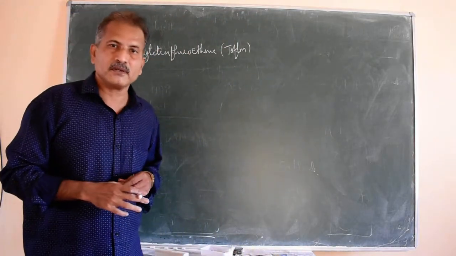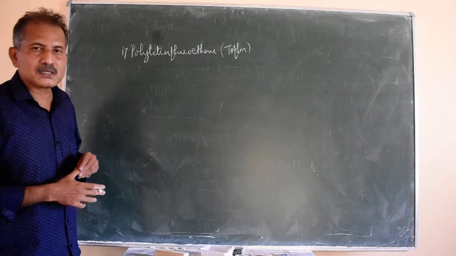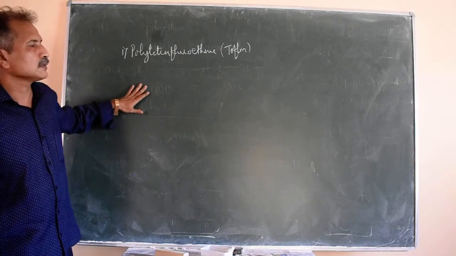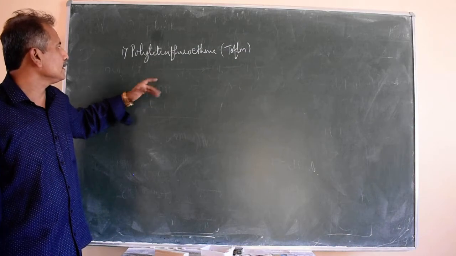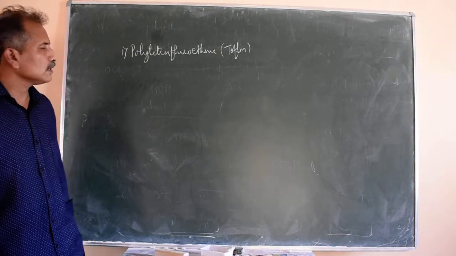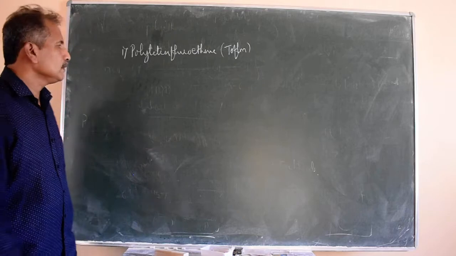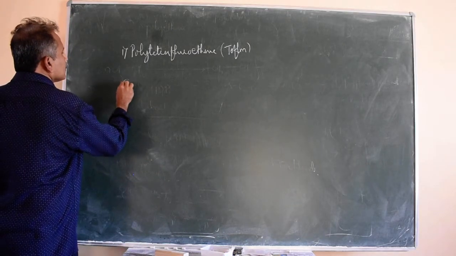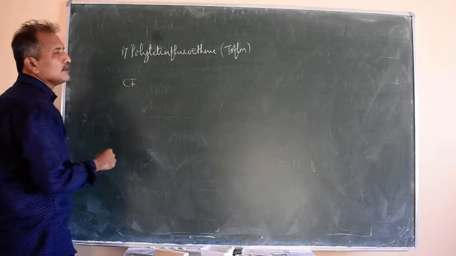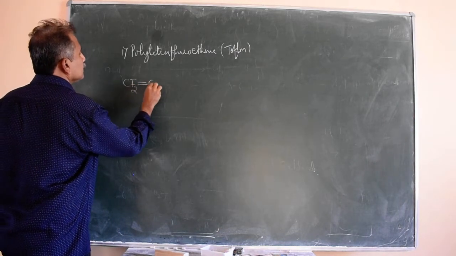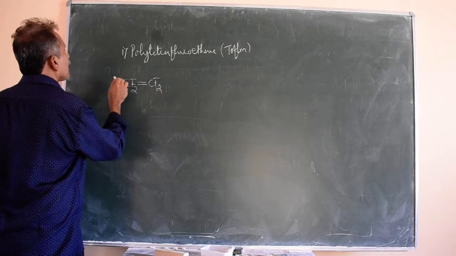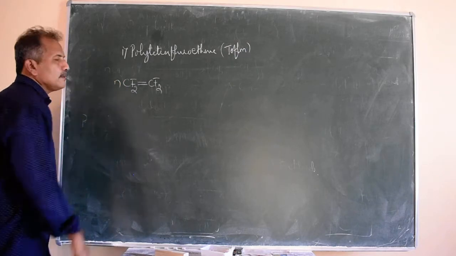Most of you must have seen the non-stick cookware at home. So there's a Teflon coat on the utensils that is used, right? Now this is also an addition polymer. So we have to take tetrafluoroethylene, n number of times.